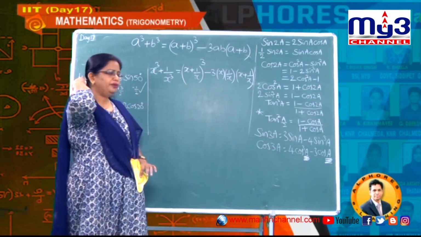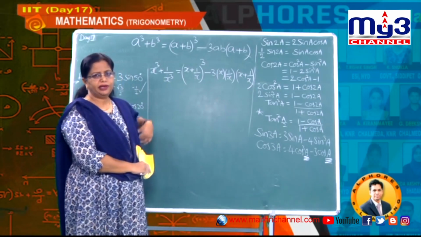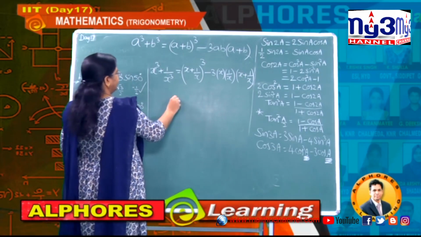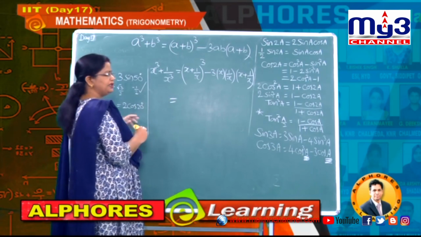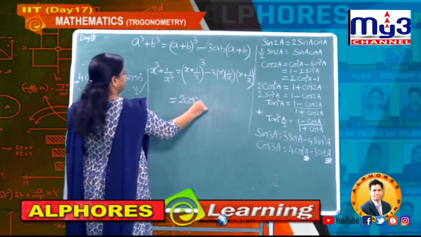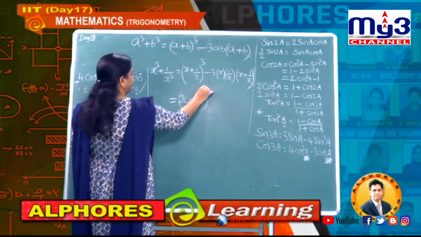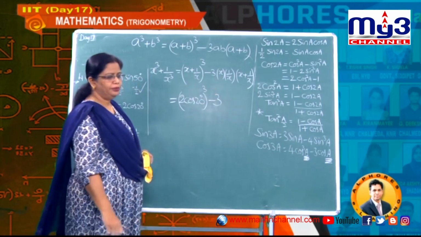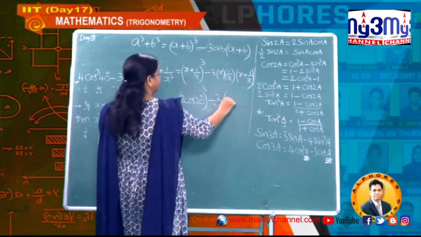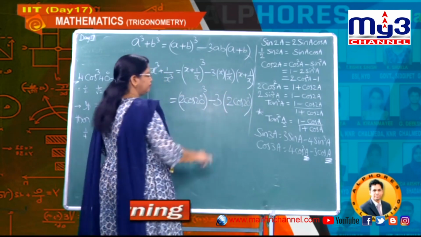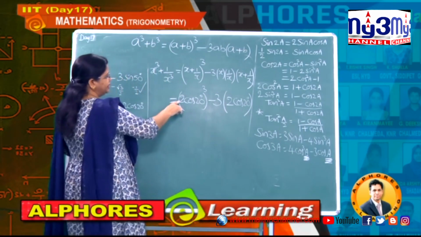That's why don't ignore these algebra kind of formulae. Now let us write the given value. What is x plus 1 by x, students, given? 2 cos 20 degrees. So 2 cos 20 whole cube minus, here x and 1 by x get cancelled, 3 into x plus 1 by x, whose value is 2 cos 20 degrees. Okay, now let us multiply.